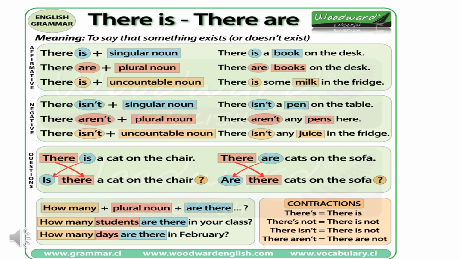Then for negative, we say there isn't. Okay, there aren't. For example, I will say there isn't a pen on the table.